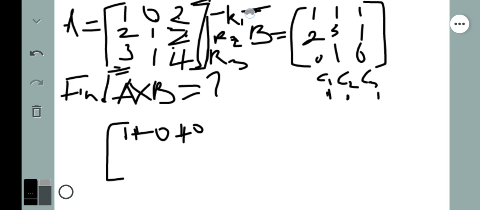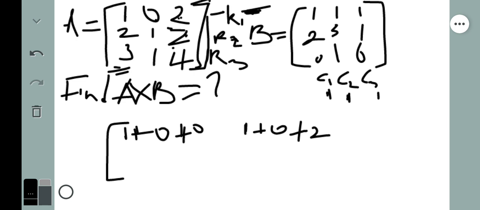Now row 1 will still multiply column 2. That is 1 times 1, plus 0 times 3, plus 2 times 1. So 1 times 1 gives me 1, 0 times 3 gives me 0, and 2 times 1 gives me 2.